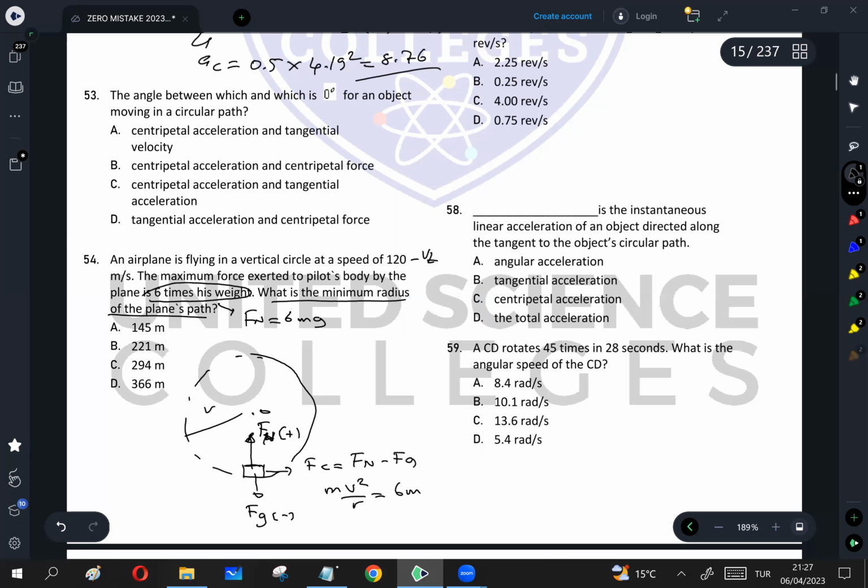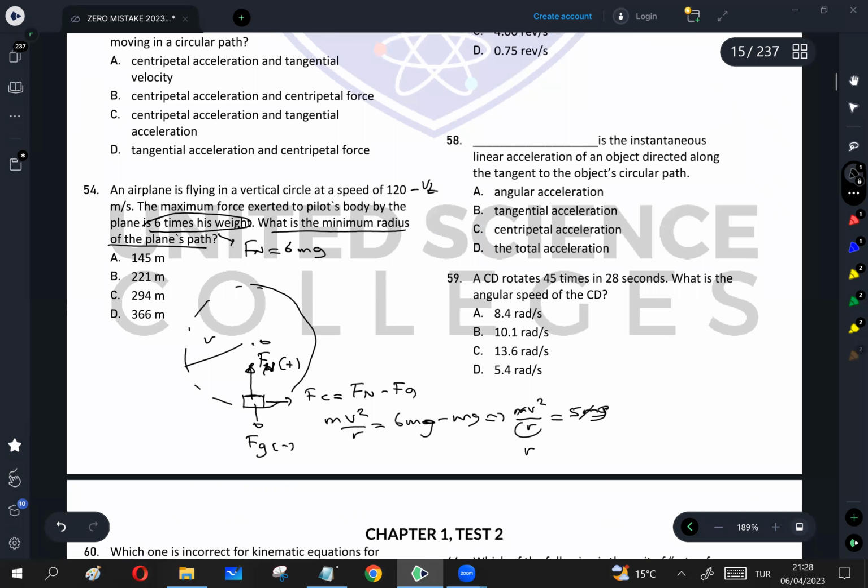F n is 6 mg, F g is mg. So m v squared over r is going to be 5 mg. Simplify the m's, solve for r. r is going to be v squared over 5g.